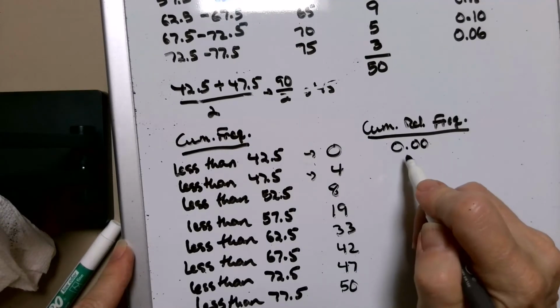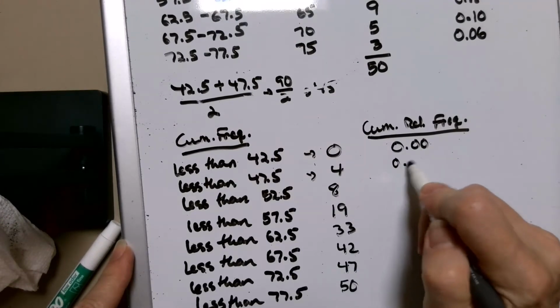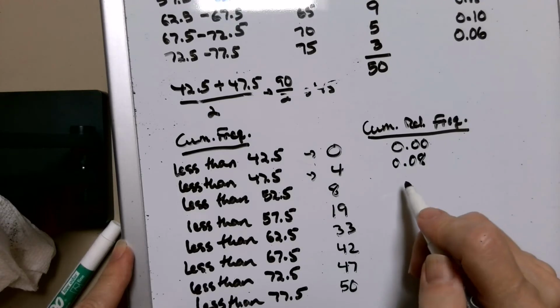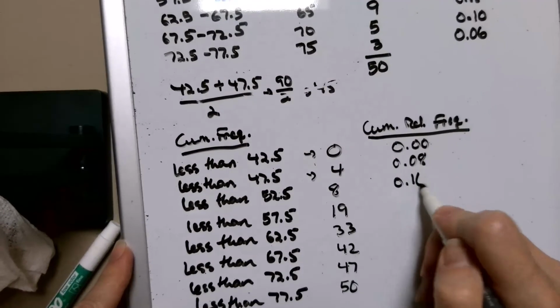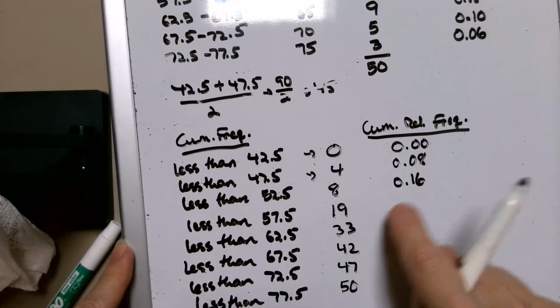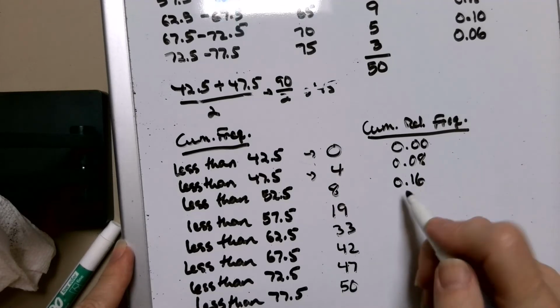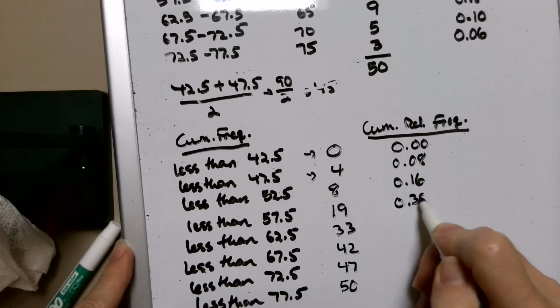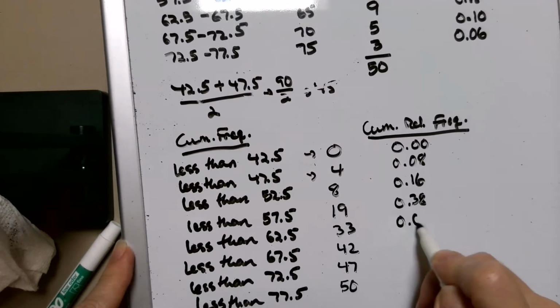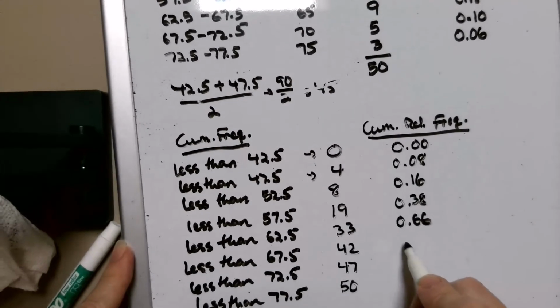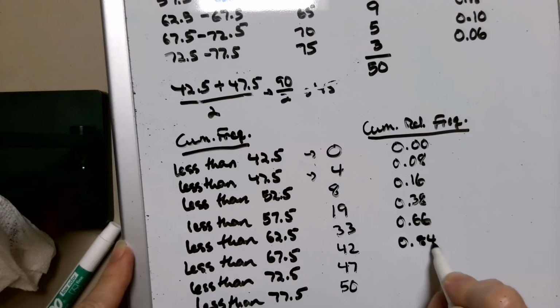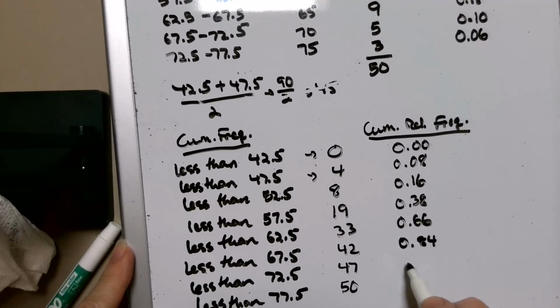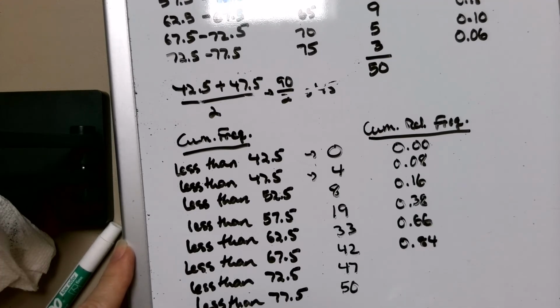4 divided by 50 gives a cumulative relative frequency for the next one of 0.08. 8 divided by 50, we're using cumulative frequency divided by the total frequency of 50, 0.16. 19 divided by 50, 0.38. 33 divided by 50, 0.66. 42 divided by 50, 0.84. 47 divided by 50, is that 47?